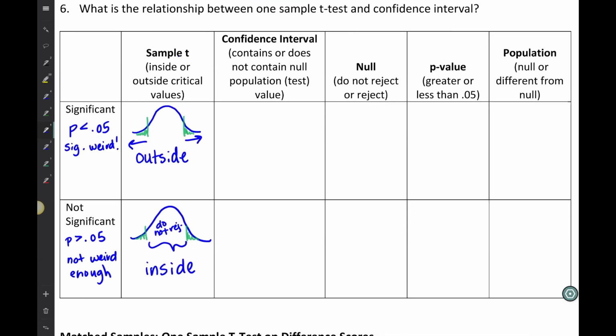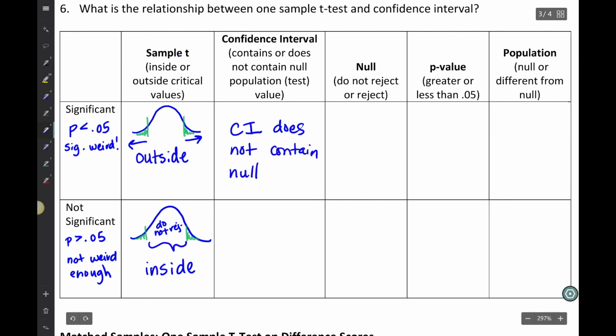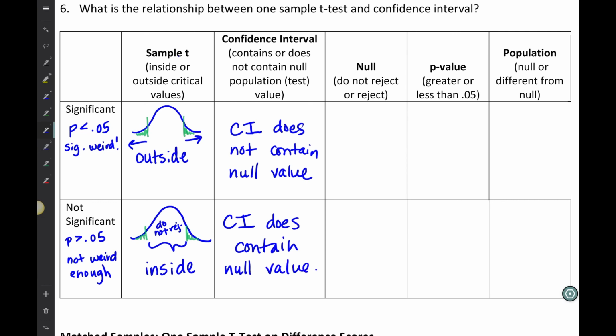If we're rejecting the null, then it doesn't make sense for the confidence interval to include the null. So in this case, the confidence interval does not contain that null value. And when it's not significant, we would expect that it does contain it. Or in other words, we would expect the confidence interval for the mean difference to not contain 0 if it's significant, but yes to contain 0 if it's not significant.